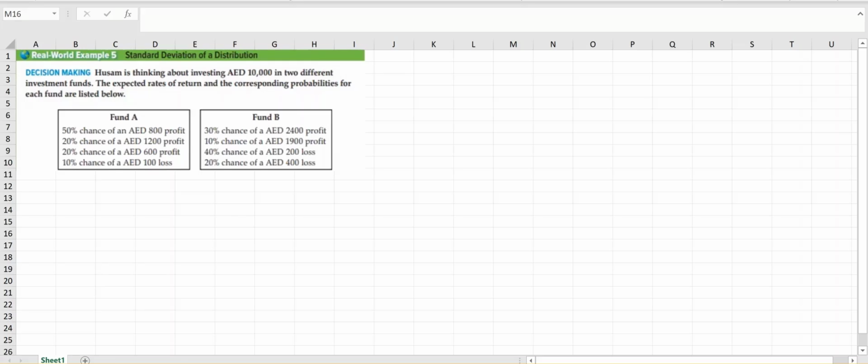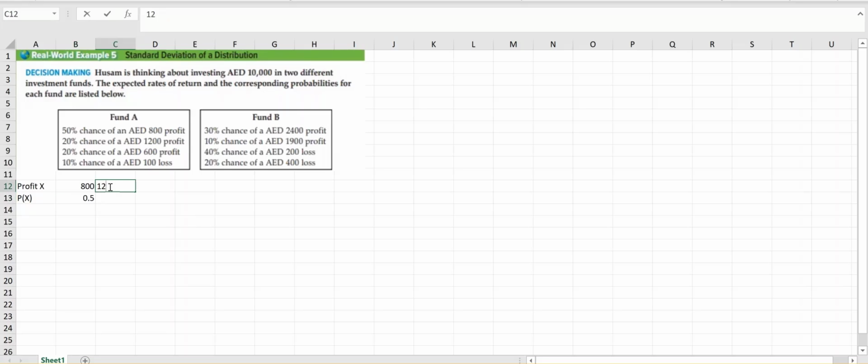The first thing we need to do is find the expected value of each investment. To do that, we need to calculate our probability. We'll create a table for Fund A. We need the profit, and then we put in our values. We've got 800, and it's 50%, which is 0.50.